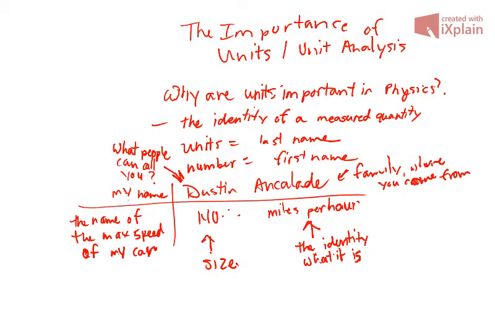So if someone asks me what is the maximum speed of my car, I'd need to say 120 miles an hour, because if I just said 120, well, what am I talking about? I guess if we're both in America, then it's probably going to be assumed it's miles per hour.